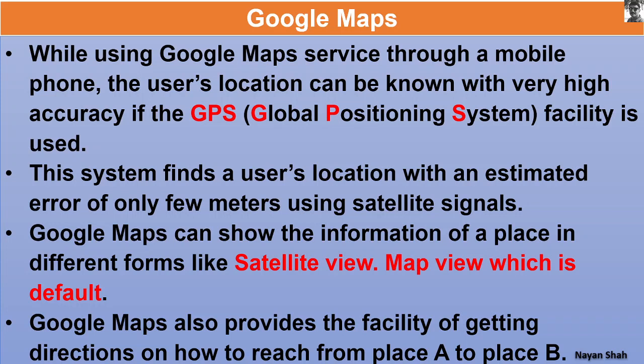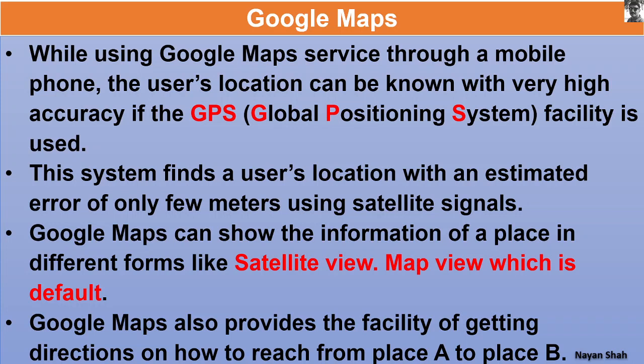Google Maps can show the information of a place in different formats like satellite view, map view, many different other ways. But these are the two main views of Google Map, that is satellite view and map view. The default view is map view. I'm underlining again that the default view of Google Map is map view because it has been asked in the board exam quite often.